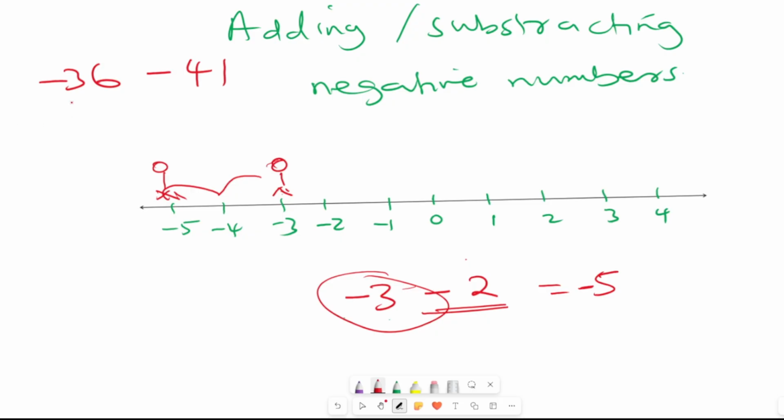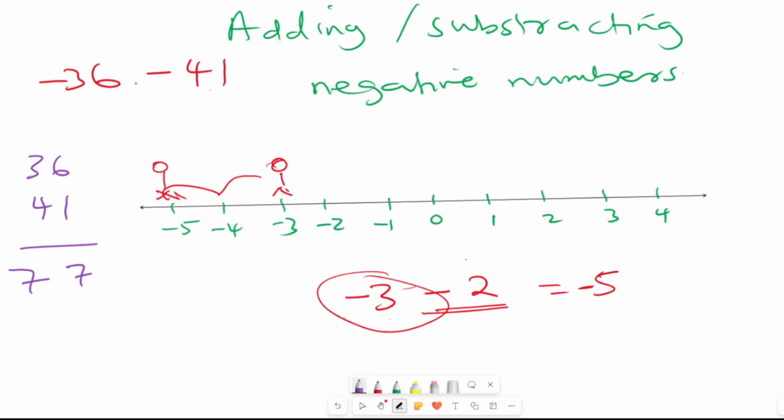Now, minus and minus. When you have minus and minus, first, ignore the minuses. Okay. When you have two negatives and you are dealing with them, like minus 36 minus that, ignore the minuses and pretend as if you are doing addition. Add them.